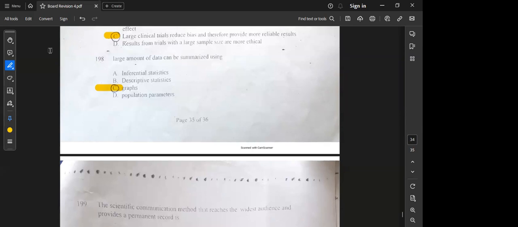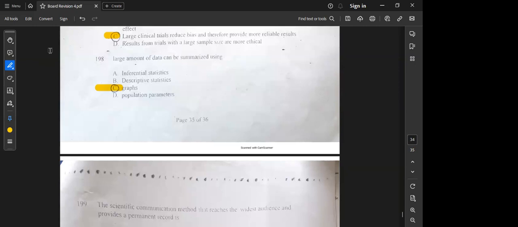It is a simple technique to describe, show, and summarize data in a meaningful way. You simply choose a group you're interested in, record data about the group, and then use summary statistics and graphs to describe the group properties. So based on that explanation, it's still coming back to graphs.